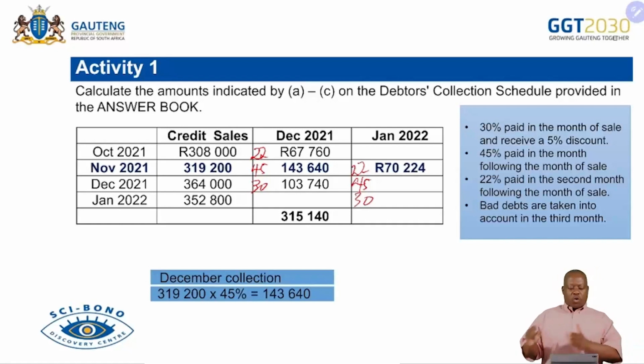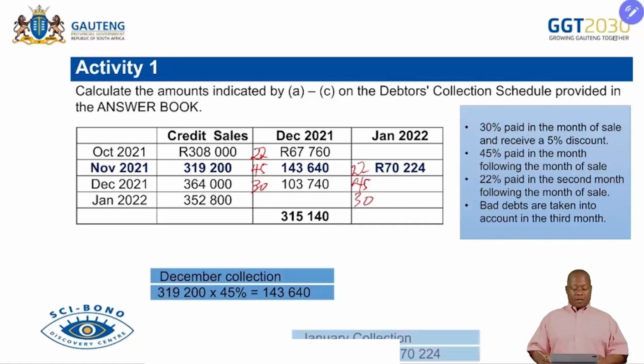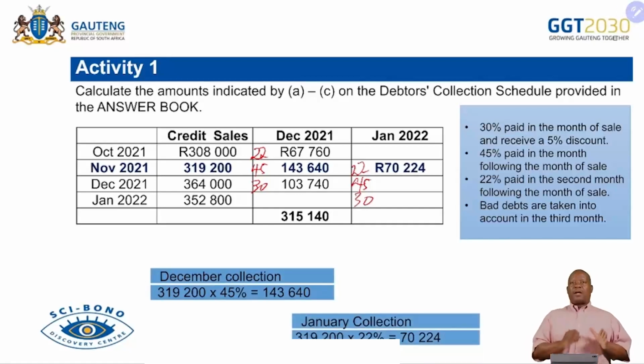We can also collect in January for November again, and it's going to be 319,200 times 22%, and we get our 70,224. Please remember, there is no discount when it comes to the third collection as well as the second collection. So we are not dealing with discount as of yet.